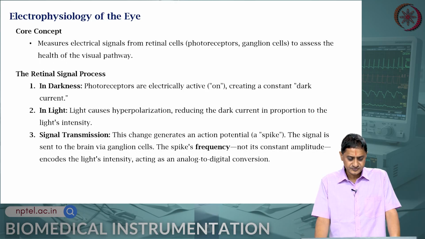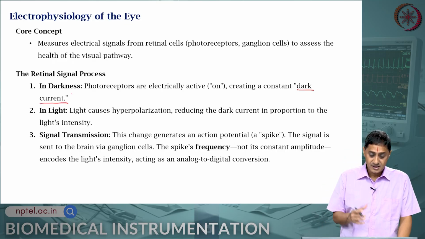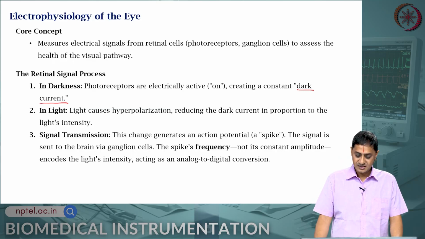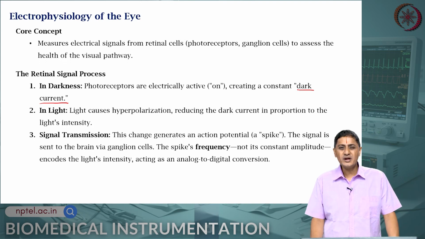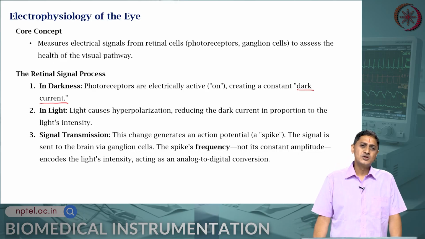So, it turns out that in darkness, photoreceptors are electrically active at a constant dark current. Light typically causes hyperpolarization, reducing the dark current in proportion to the light's intensity. This is quite unusual in neural processing.